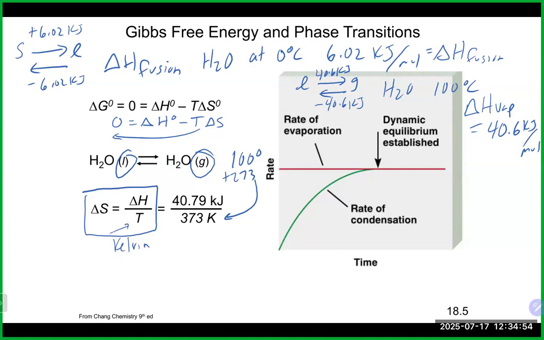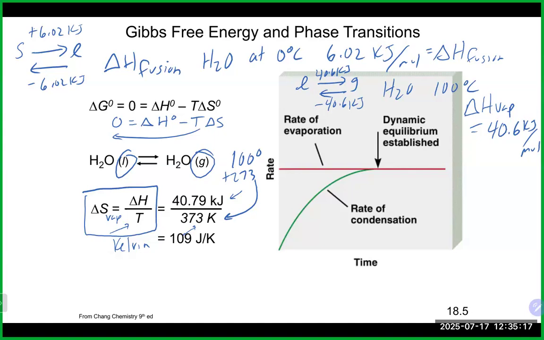In this case, this would be the delta S of vaporization as we're going from liquid to gas. And that is basically our delta H of vaporization divided by our temperature in Kelvin. And it gives us 109 joules per Kelvin.